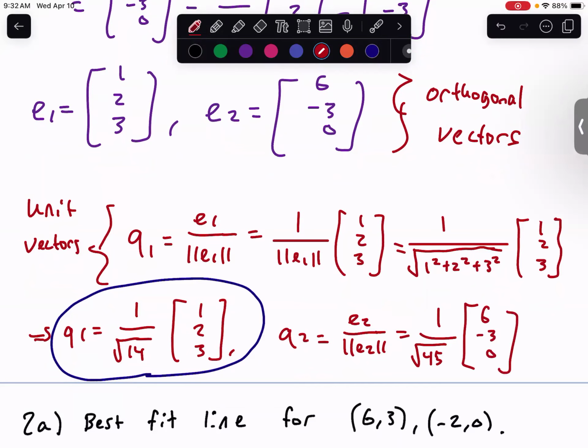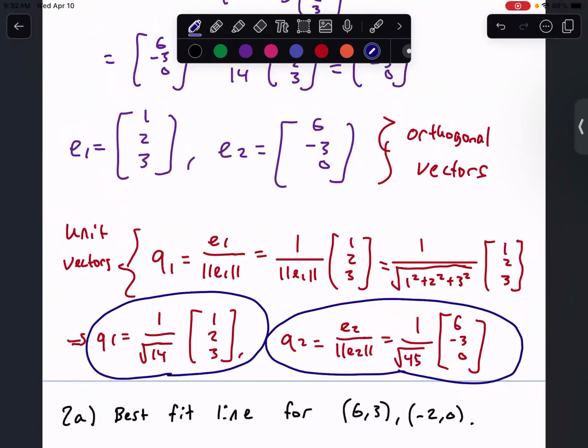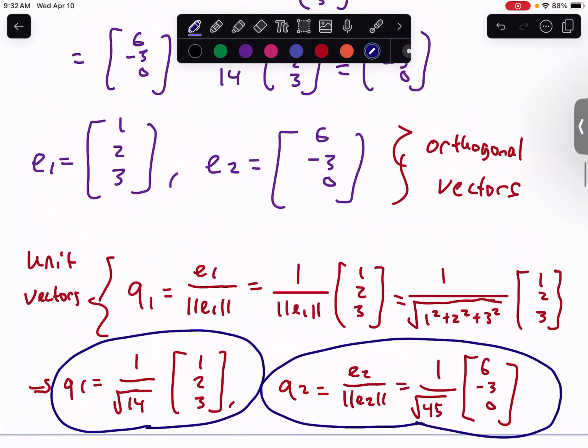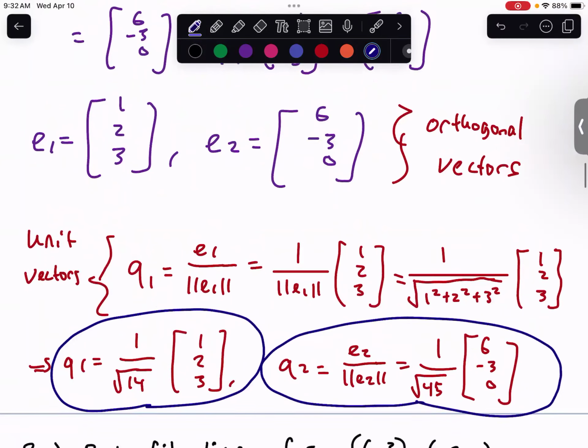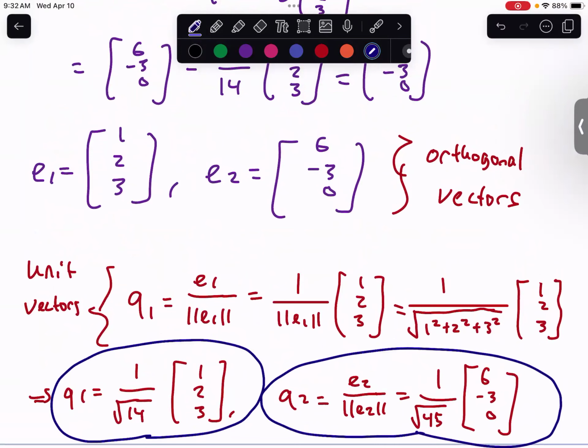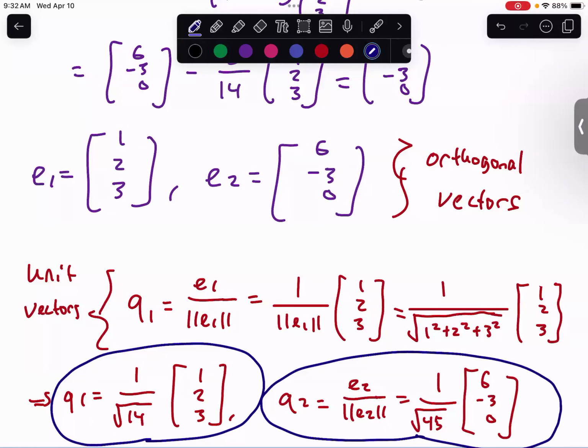So this is the other vector in our orthonormal basis. And this is where the problem ends. It just wants you to find an orthonormal basis using the Gram-Schmidt method. And problem 1b is similar, except you just have more vectors. And I guess it's more interesting because the vectors aren't already orthogonal to one another.